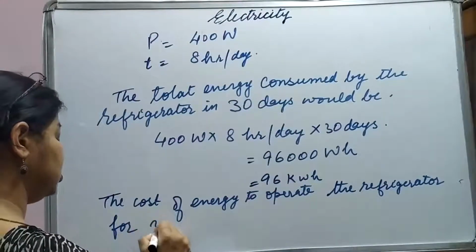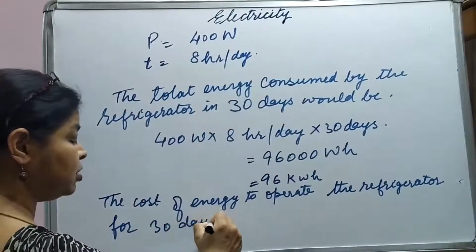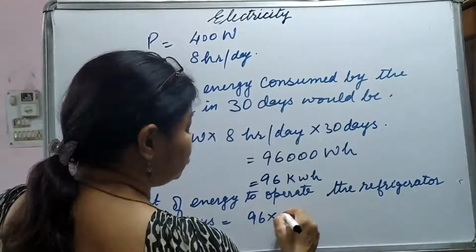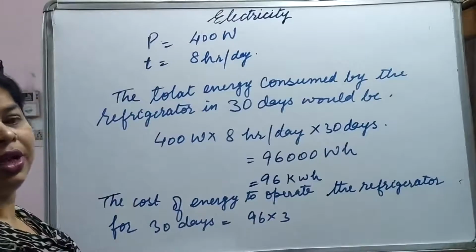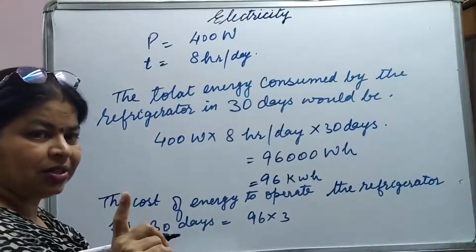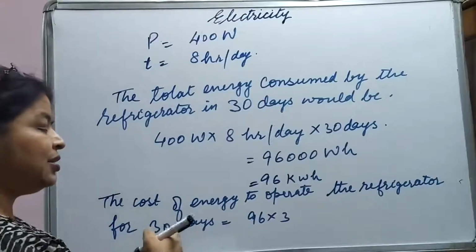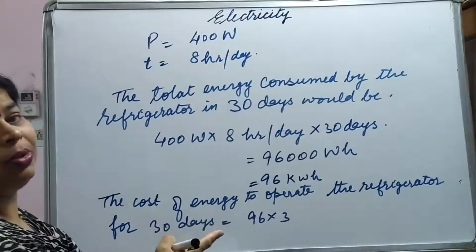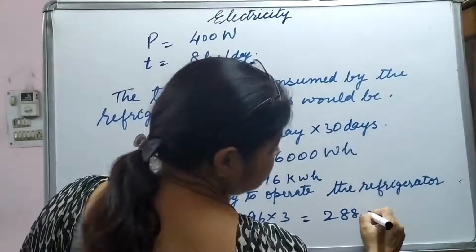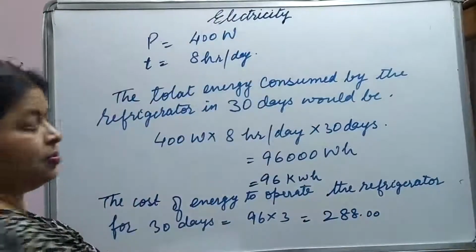For 30 days is equal to how much? 96 into 3. Okay, for 1 unit 3 rupees is the charge. So for 96, how many it will become? It will become 288 rupees.